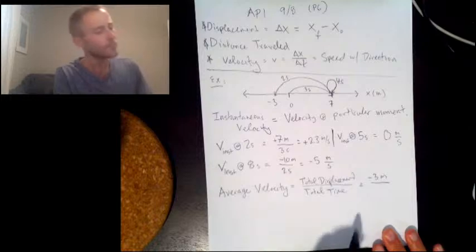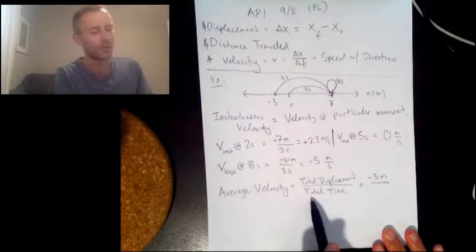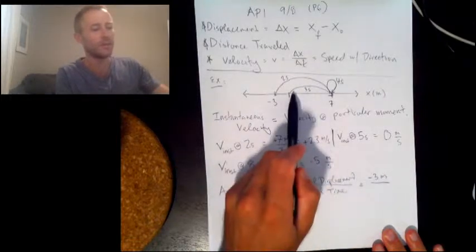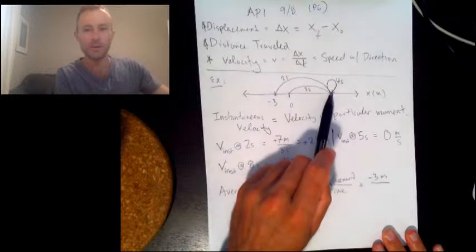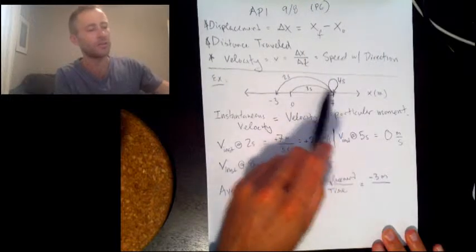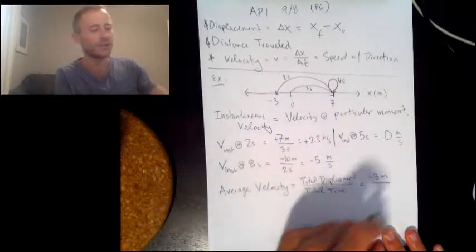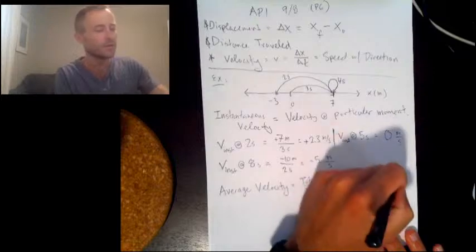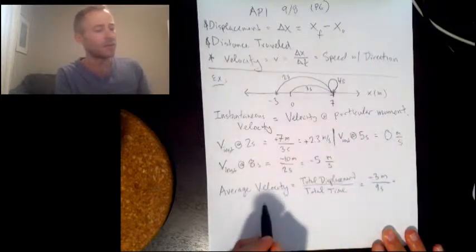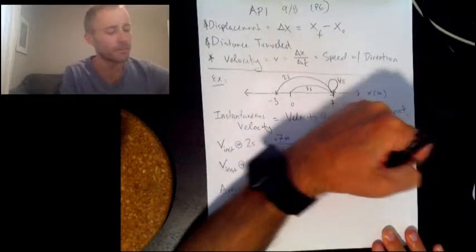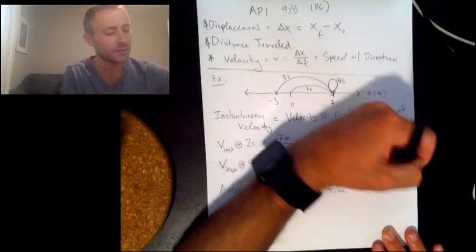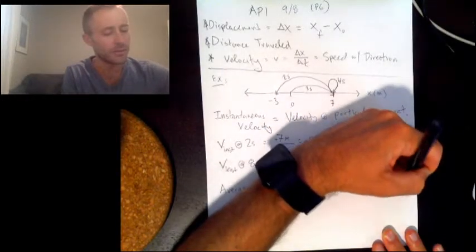And then the total time elapsed would be 3 seconds for the first part, 4 seconds for the second part, and 2 seconds for the third part. That's 9 seconds total. So our average velocity is minus 0.3 meters per second.